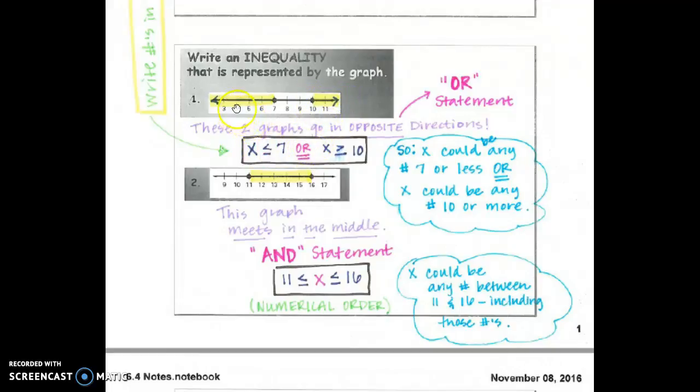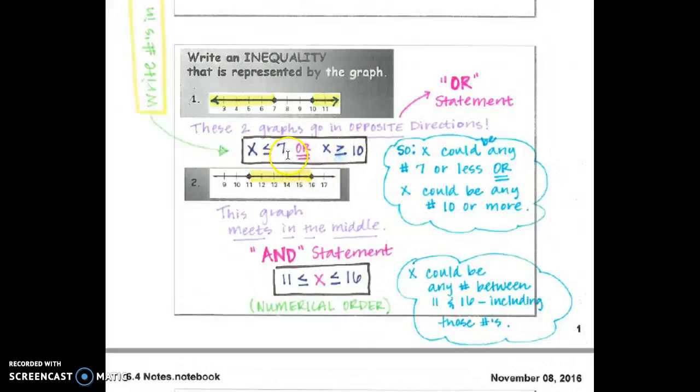So for instance, x could be 4, 7, 10, 11, or 1,000. X cannot be, however, anything in this middle region. So x can't be 8 or 9 or 9.5. It's got to satisfy one of these two scenarios.